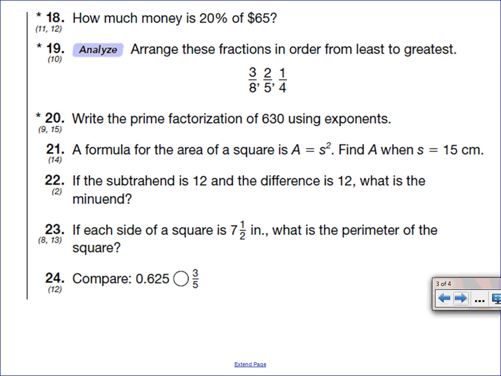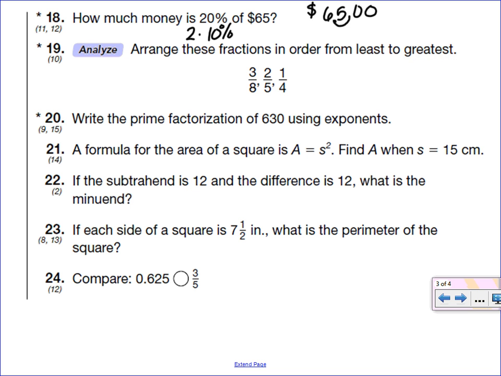How much money is 20% of $65? The easiest thing to do with percents is to break them down into tens or ones. So I'm going to say that 20% is 2 times 10%. So first I'm going to figure out what 10% of 65 is. So I have $65. To figure out 10%, I move the decimal place one place to the left.